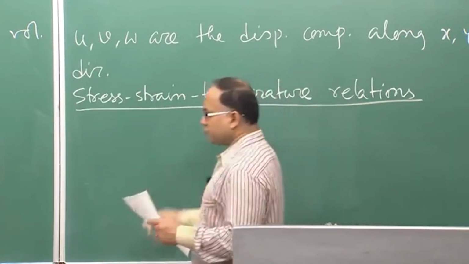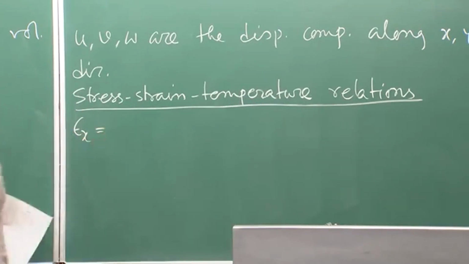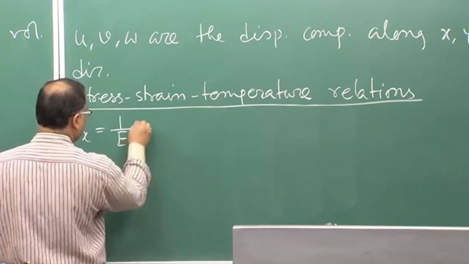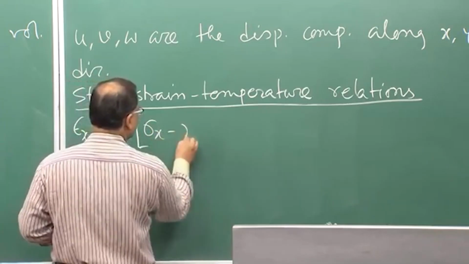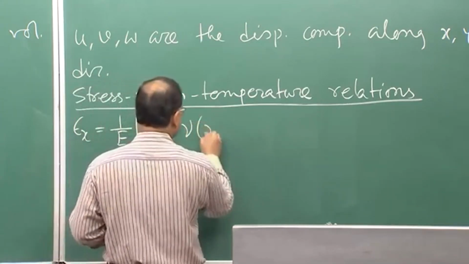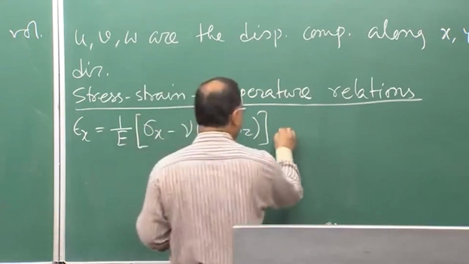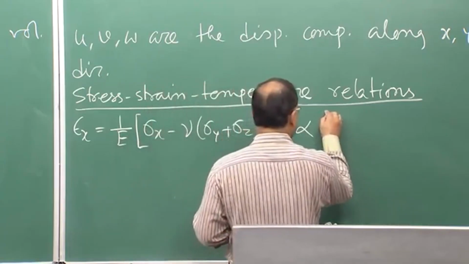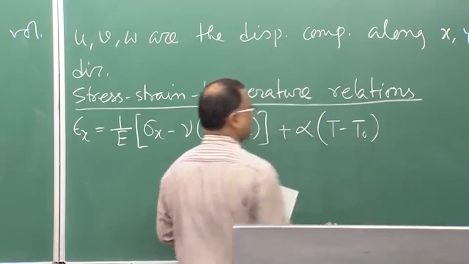So, all those equations we have derived, and now we are writing them down one by one systematically, where epsilon x can be written as, as discussed in the previous class, 1 by E into sigma x minus nu into sigma y plus sigma z, plus alpha, the coefficient of thermal expansion, into T minus T naught, that is the difference in temperature.